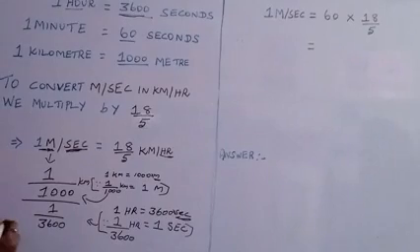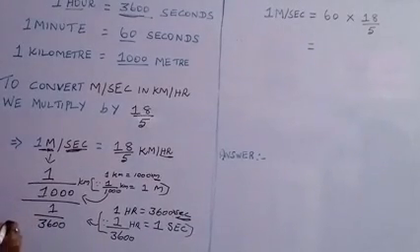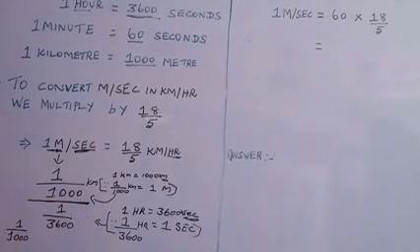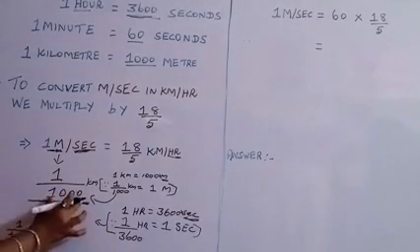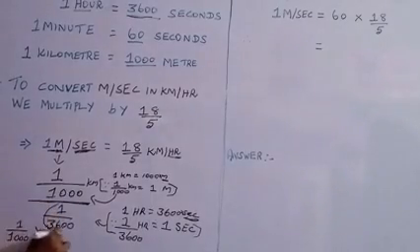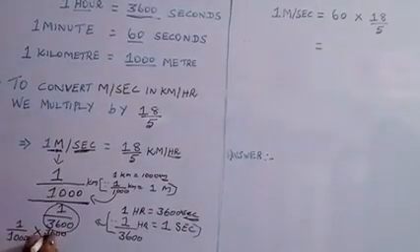Now, what do you have in your hand? 1 divided by 1,000. This is also a division, children. I change this division into multiplication, so I change this one into reciprocal form.